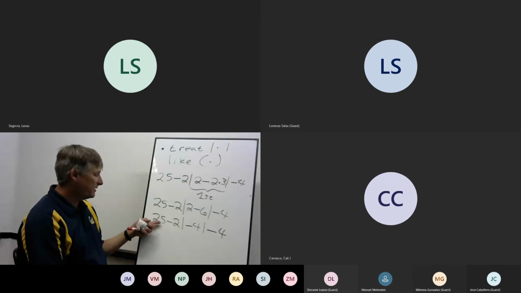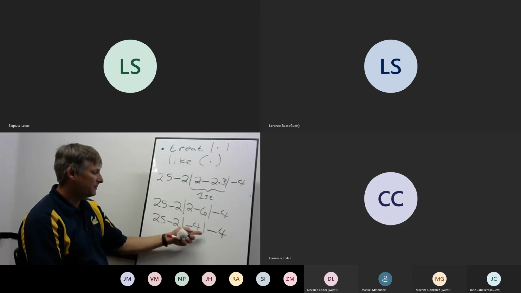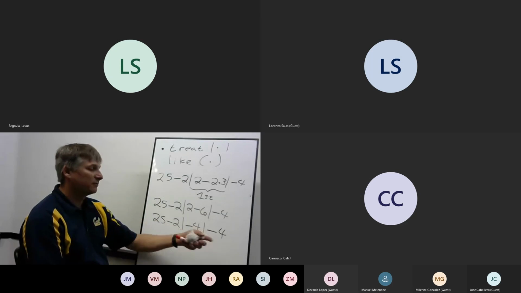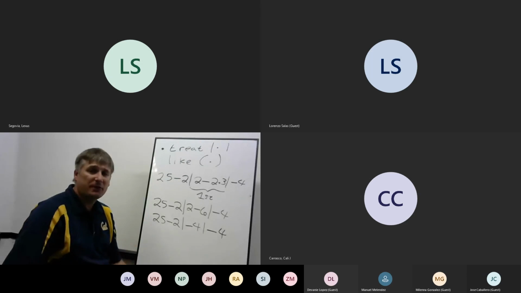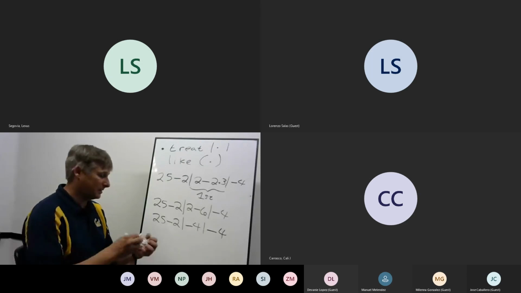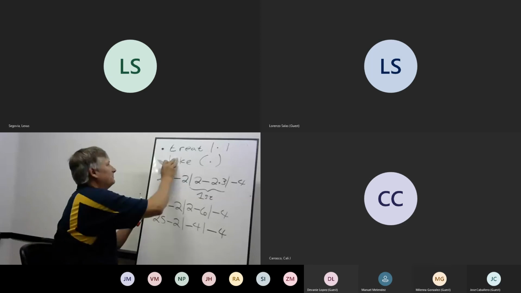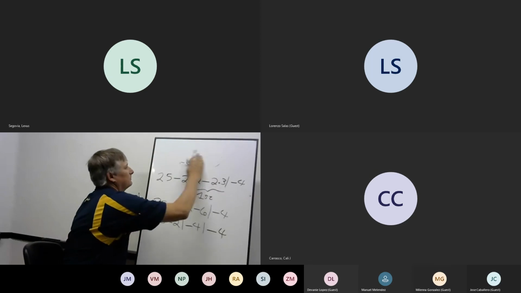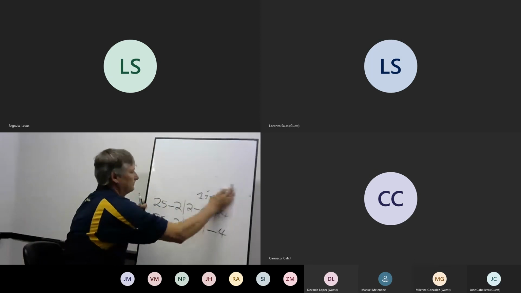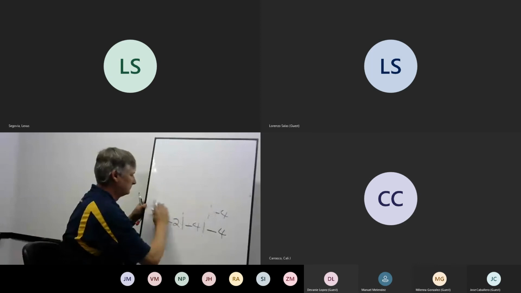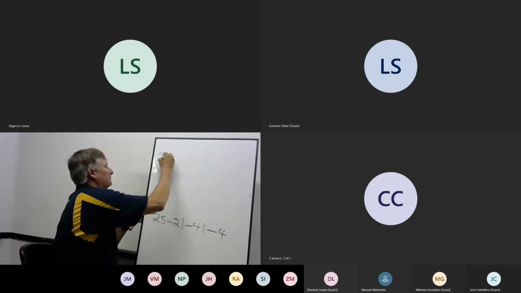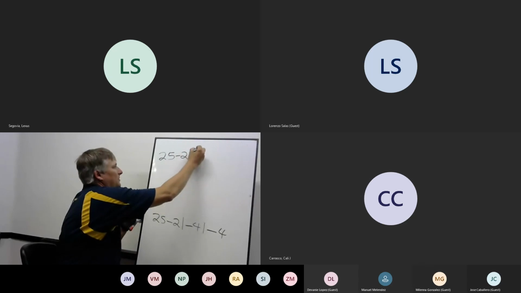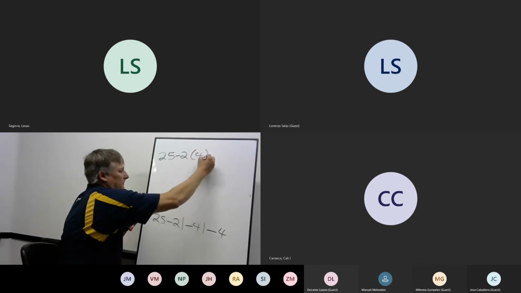So now you have 25 minus 2, absolute value of -4, subtract 4. Well, the absolute value of -4, well, absolute value makes negatives positive. So that means this will become positive 4.